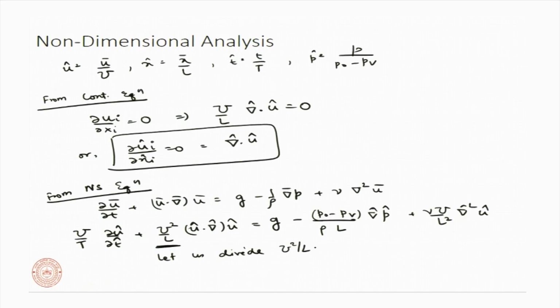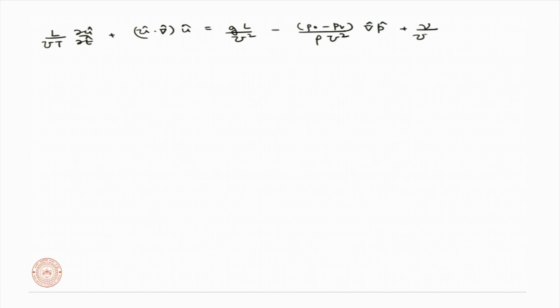So, if we divide this, the equation that we will get will be L over U T del u cap by del t cap plus, this term is gone, u cap dot del cap of u cap equals g L over U square minus P naught minus P v over rho U square del cap of p cap plus nu over U L of del cap square into u cap. Okay. This becomes our normalized equation.